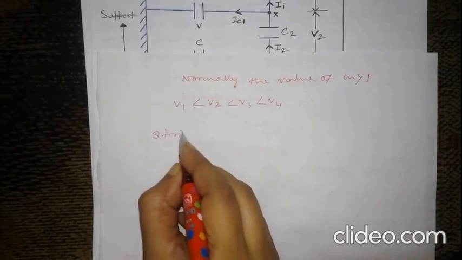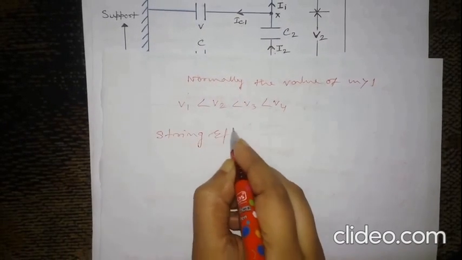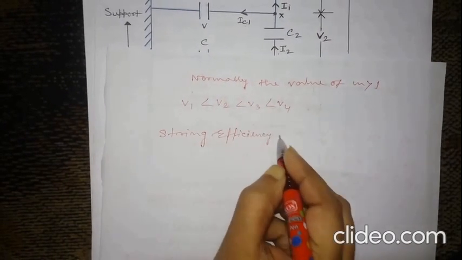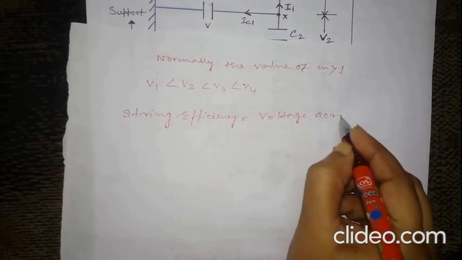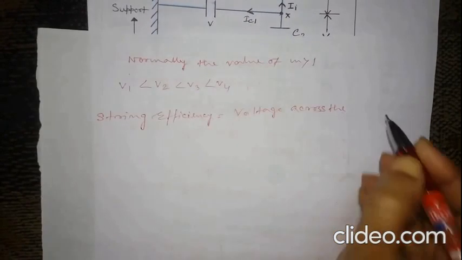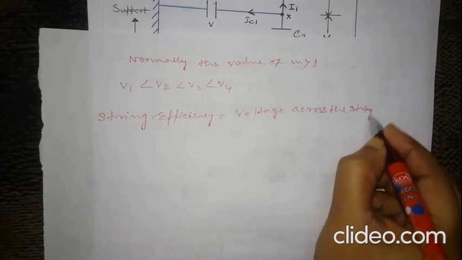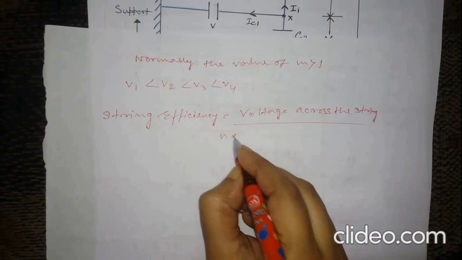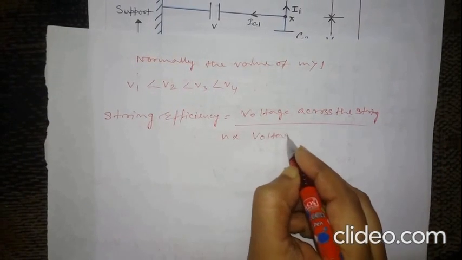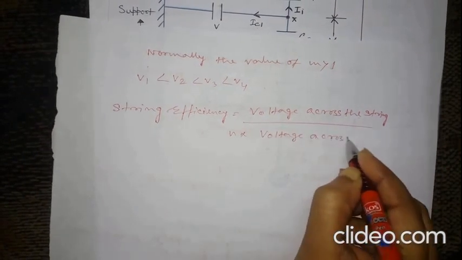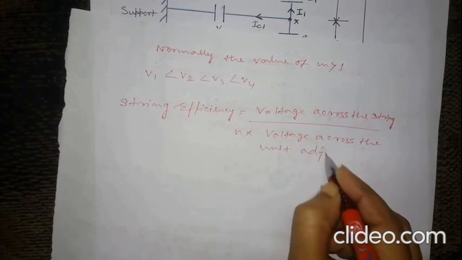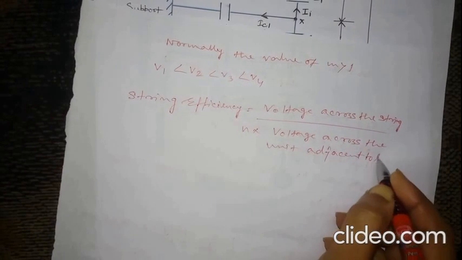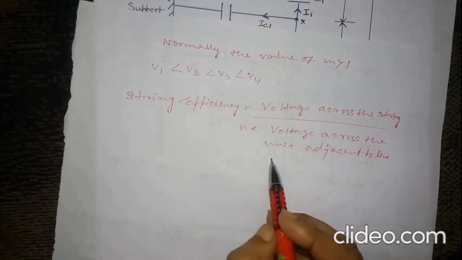Now the string efficiency. String efficiency is defined as the voltage across the string divided by N into the voltage across the unit adjacent to line, where N is the total number of insulators in a string.